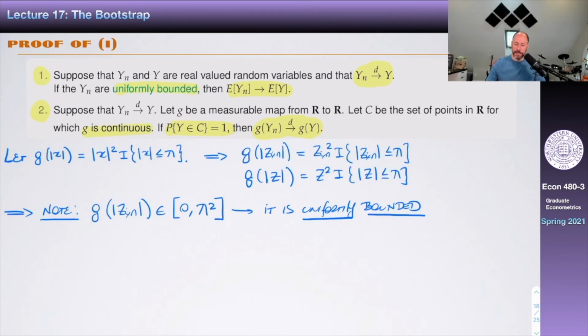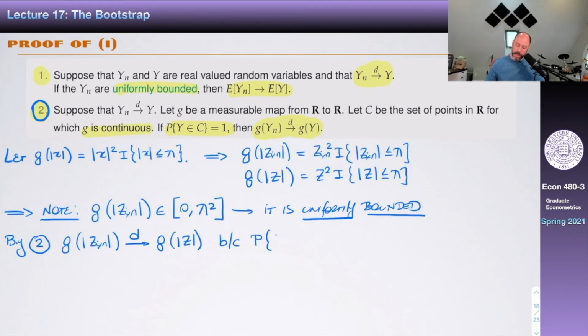By the continuous mapping theorem, we have that g of the absolute value of z_n converges in distribution to g of the absolute value of z, because the probability that the absolute value of z is equal to lambda, which would be a problem because that's the point of discontinuity, is 0.